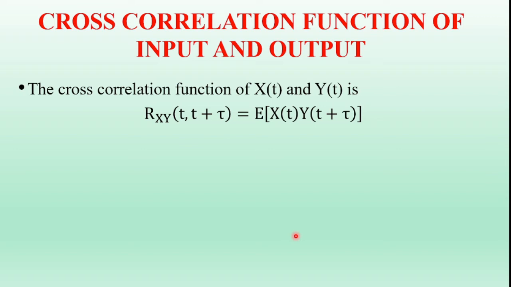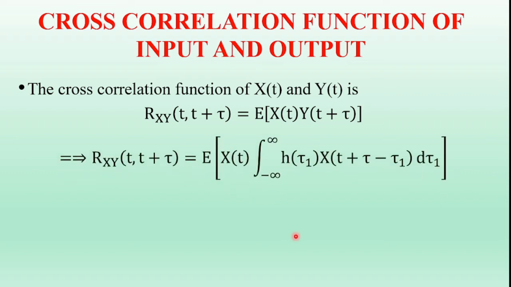Here x of t is the wide sense stationary random process that is the input to the LTI system, and y of t is the output of the LTI system. Using the convolution integral definition, y of t plus tau is the integral from minus infinity to infinity of h of tau 1 x of t plus tau minus tau 1 d tau 1.